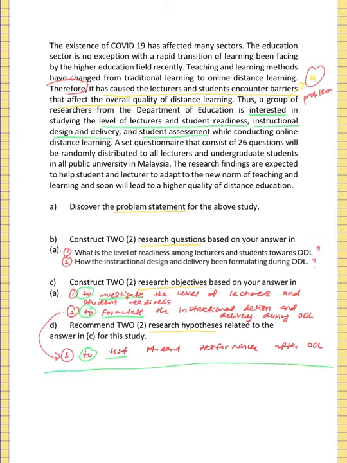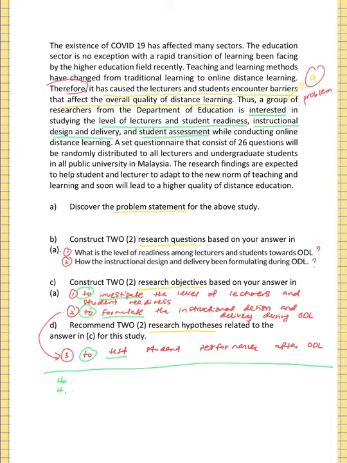Yang paling senang kat sini, kita boleh tengok objektif yang ketiga dia, to test the student performance after the ODL session. Biasanya kalau research hypothesis, if you still remember when you study STA 210 under topic hypothesis testing, we have H0 and H1, right? So kita ada null hypothesis and the alternative hypothesis.